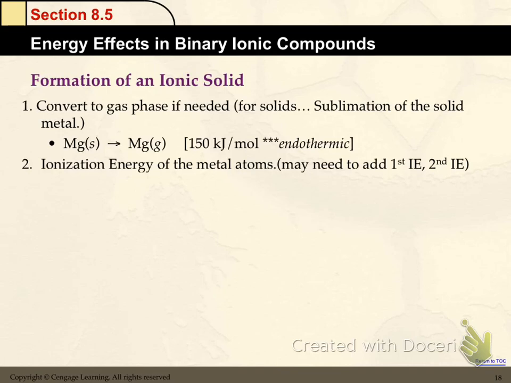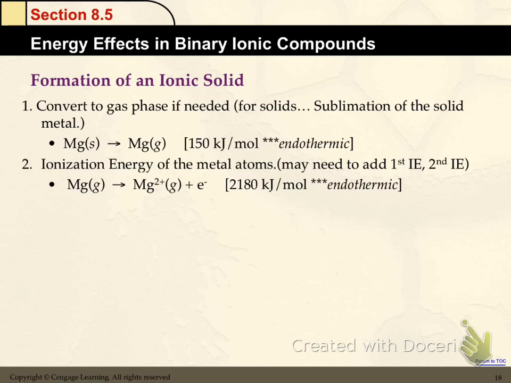The second thing is the ionization energy of the metal atoms. How much energy is it going to take to remove an electron from the metal? It's not that much, you wouldn't think, but think about this. We're dealing with magnesium now.